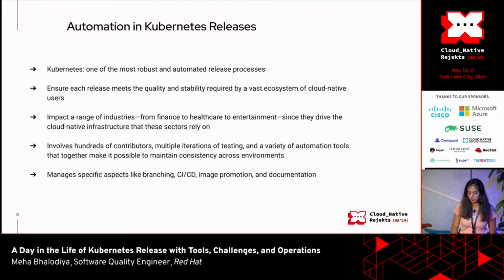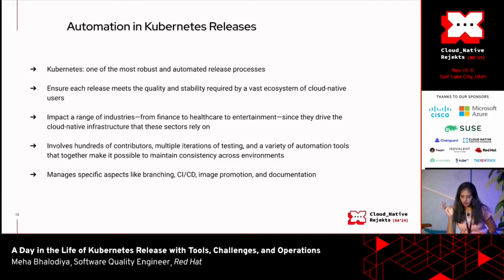Due to the Kubernetes complexity and rapid iteration, automation and tooling are the most crucial part, right? So, yes, in the real world context, Kubernetes releases impact a range of industries, from finance to healthcare to entertainment.